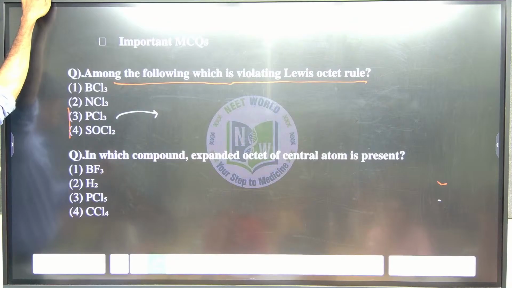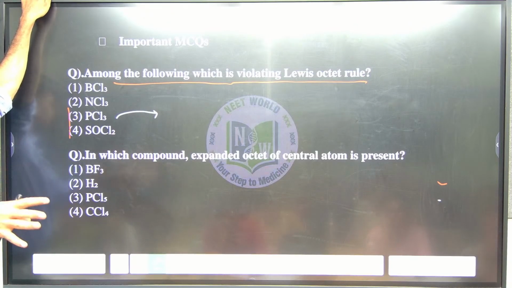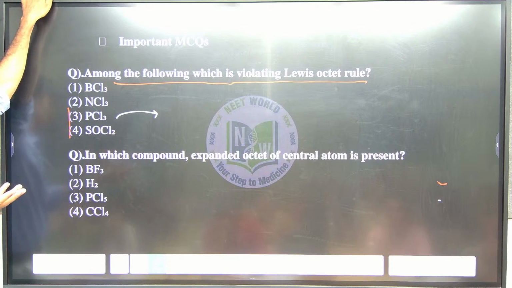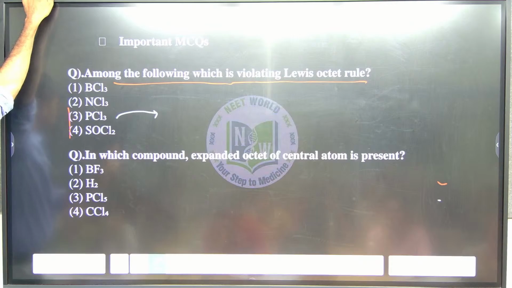So before I enter the class you please go through the slides, I mean notes, and be prepared. It will give me some boost that yes, these fellows are following something, so I can teach them a little more. Otherwise if you are having dull faces, I will also give like that. You should be energetic so that I can give more.